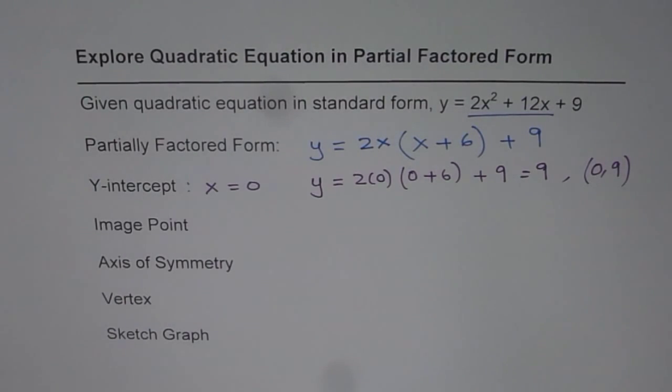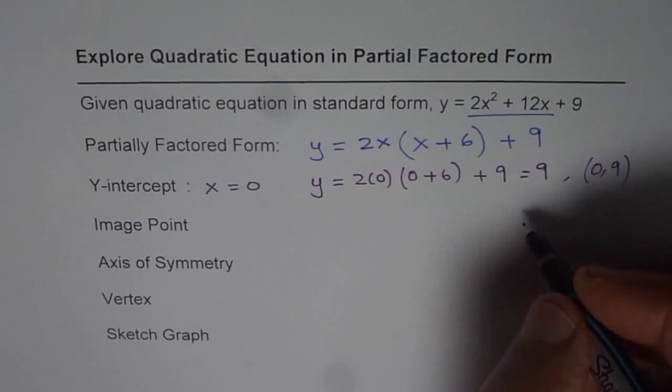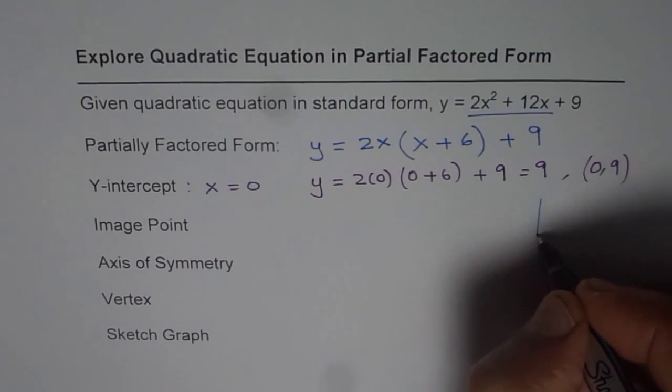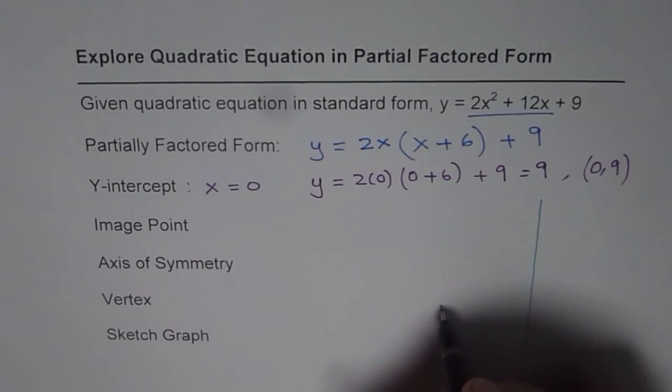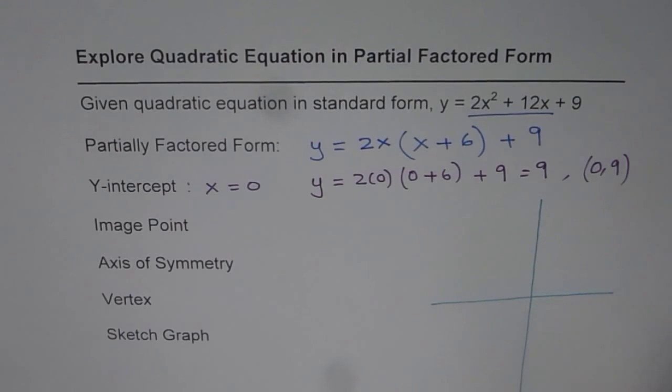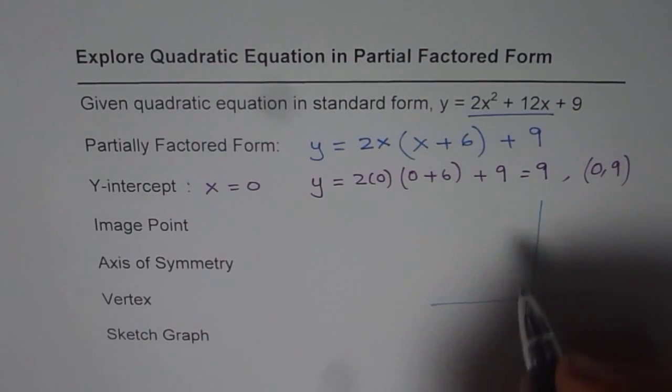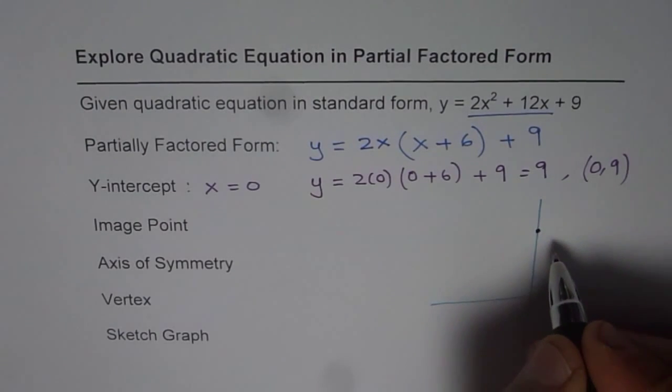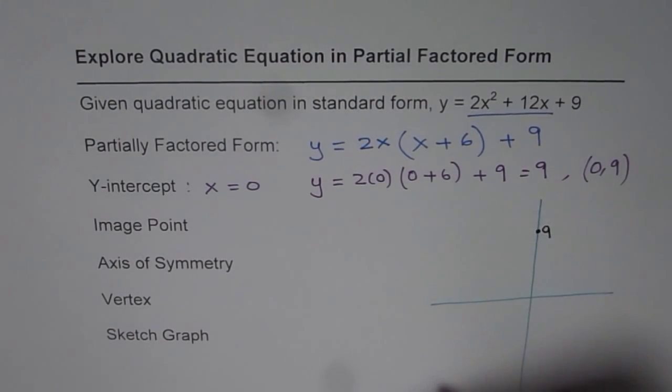Now the question is the image point. As you know, a parabola is symmetric about its axis of symmetry. It always has an axis of symmetry. To find the axis of symmetry, we always need some image point, right? So first let me explain what we are talking about. What we have found so far is the y-intercept, and the value is 9.